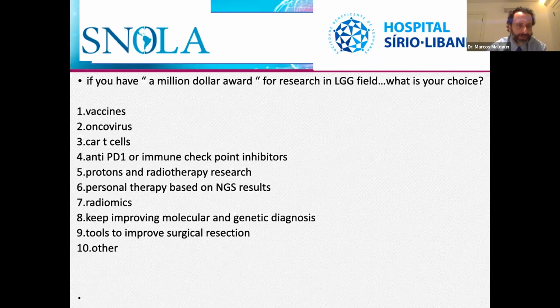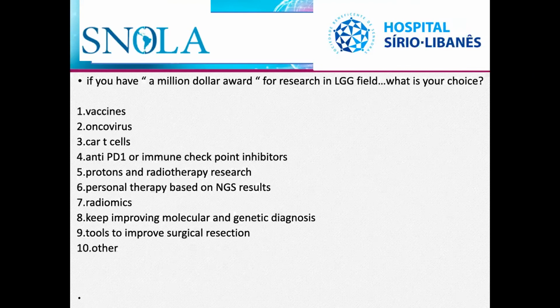To have some immune lab with vaccines, an oncovirus, a CAR T cell, anti-PD-1 or another immune checkpoint, protons or some radiotherapy research, personal therapy based on NGS, radiomics, keep improving molecular and genetic diagnosis, maybe some new tool that improves surgical resection, or other. For all speakers, maybe starting with Dr. Ballester, which one is your pick to start your $1 million award lab?